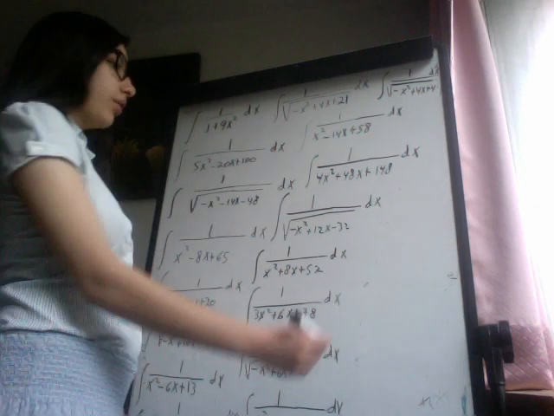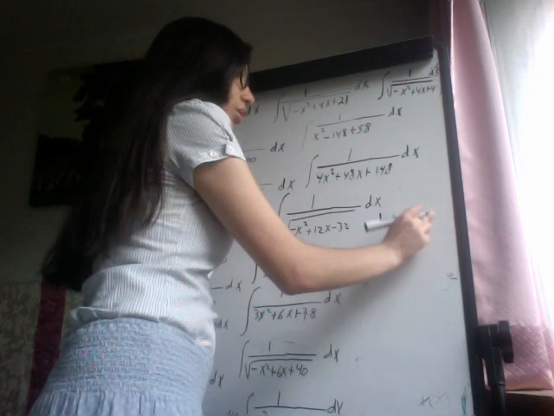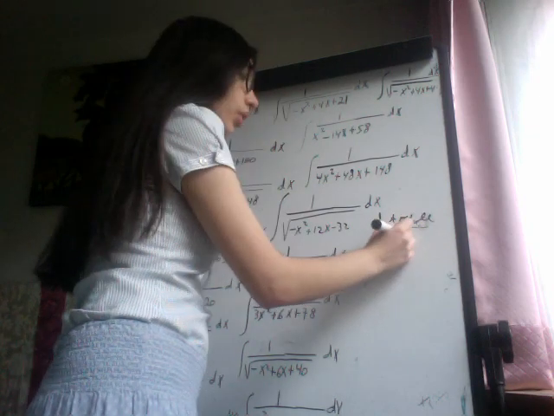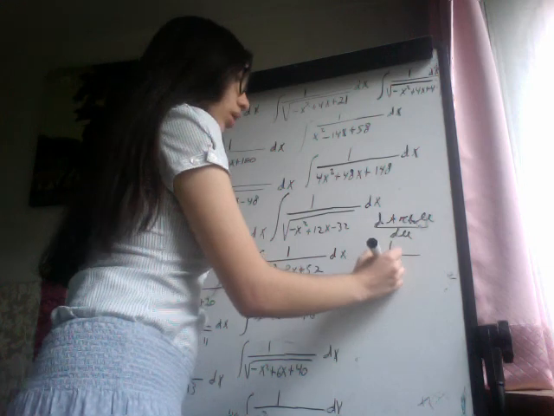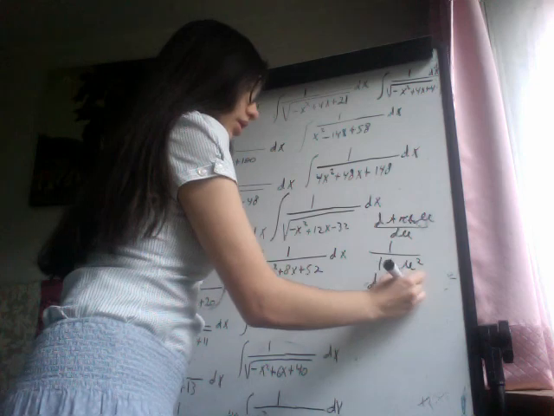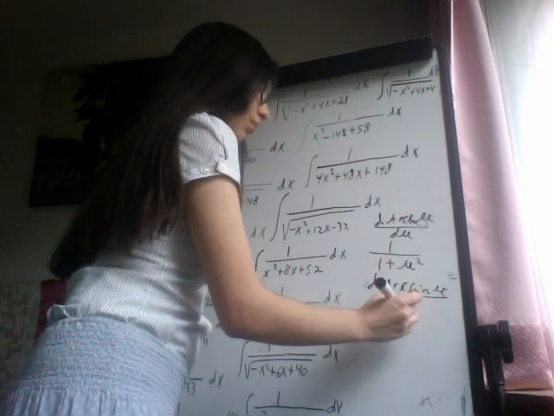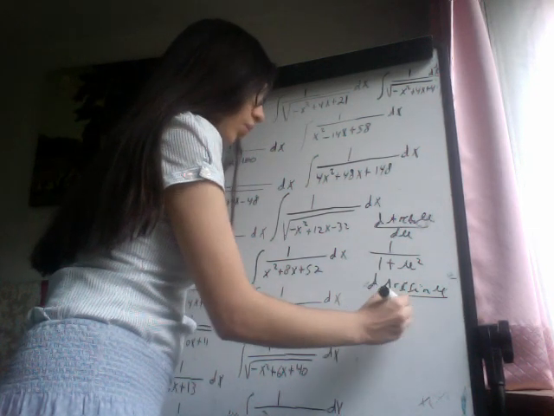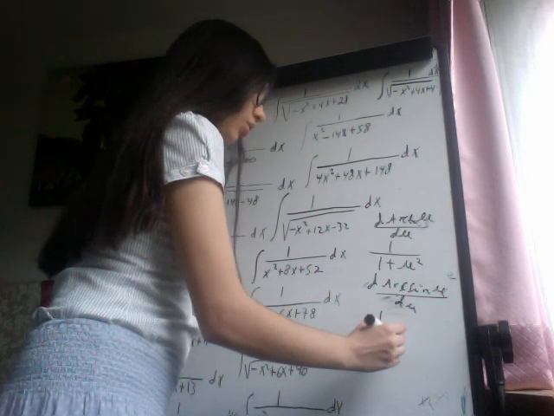So the derivative of arctangent of u in du is equal to 1 over 1 plus u squared. And the derivative of arcsine of u is 1 over the square root of 1 minus u squared.